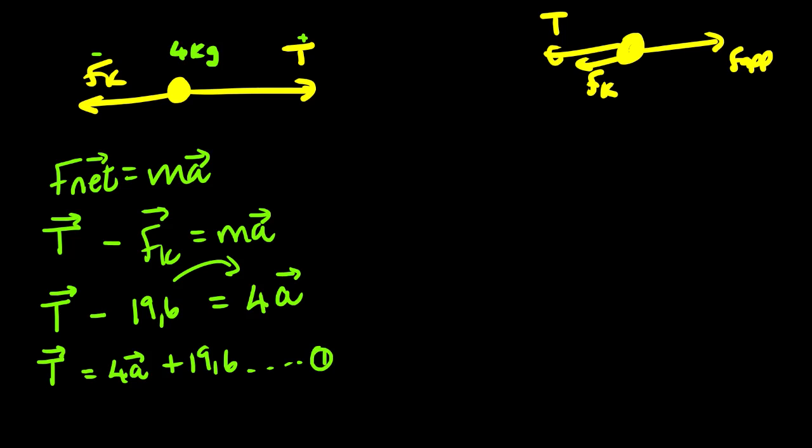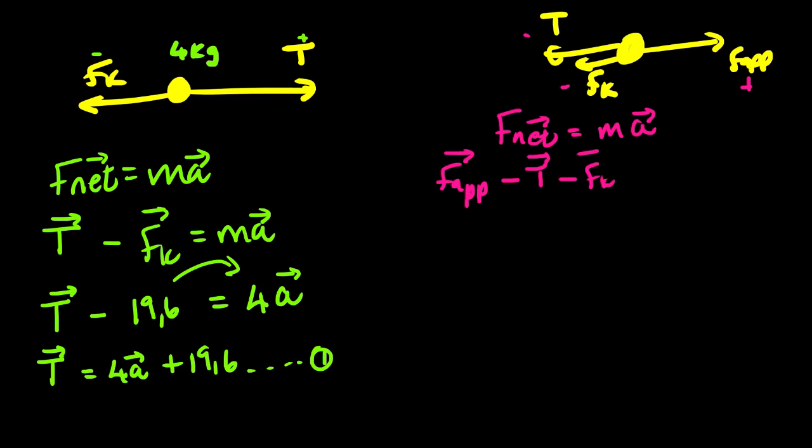Then going to our second object, F net equals ma. How many forces do work? We have 3. So it will be positive, negative, and negative. So we have force applied minus tension minus Fk equals ma. Our force applied is given as 89, minus tension, minus the kinetic friction, 29.4, equals the mass, which is 6a.